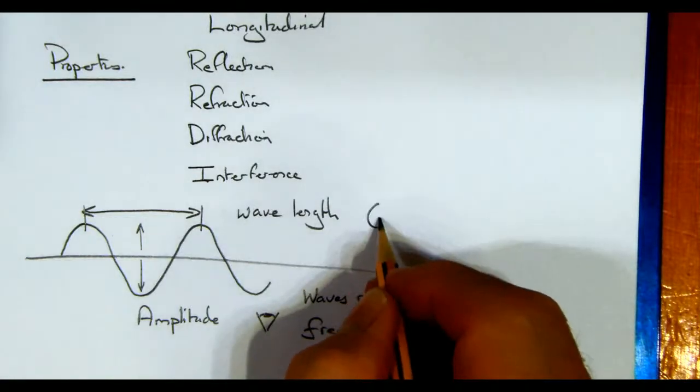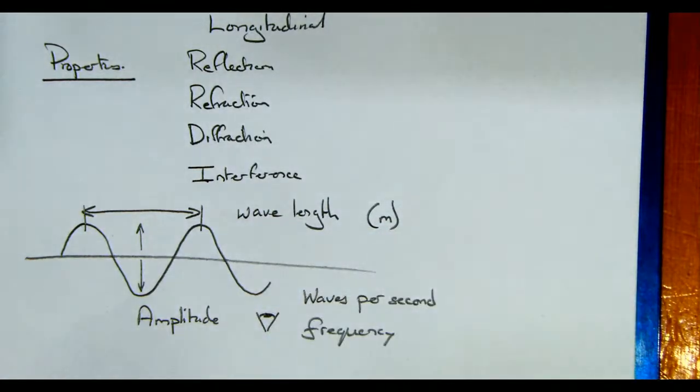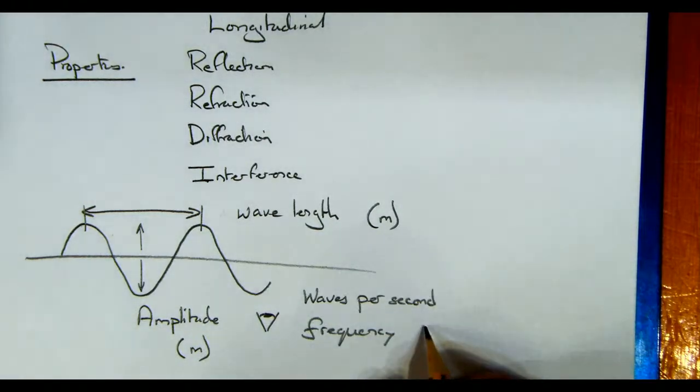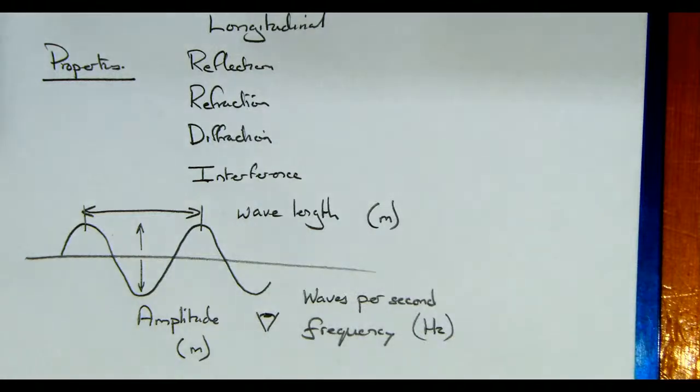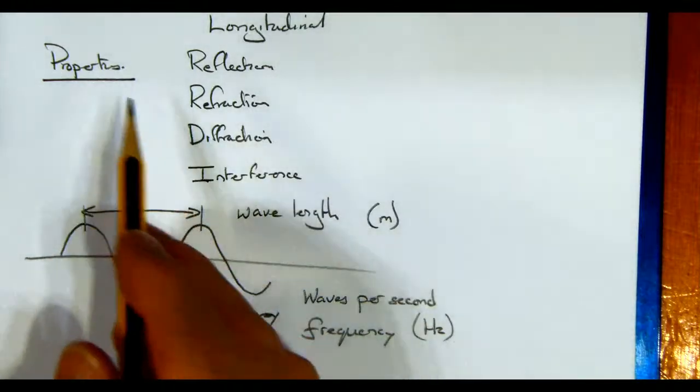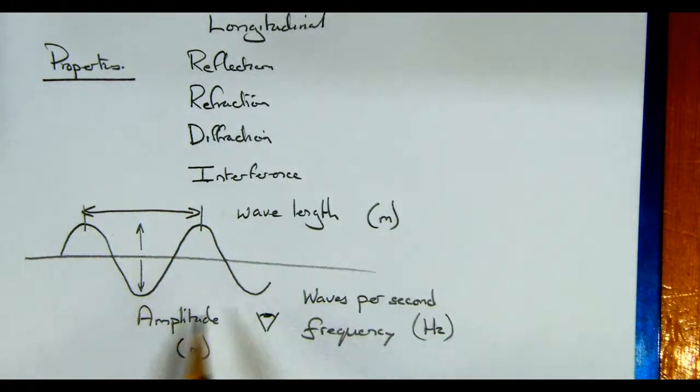Wavelength we would measure in meters. Amplitude, height of wave, we're also going to measure in meters, and frequency, we're going to measure that in waves per second, or hertz. So we've got this idea of some basic properties of waves.